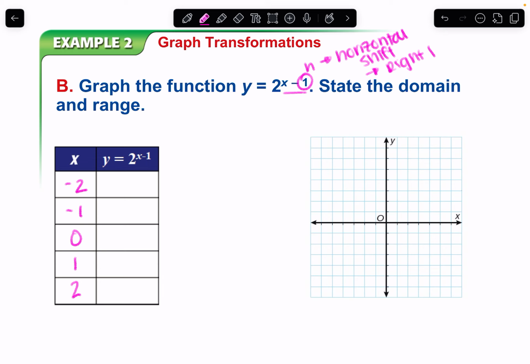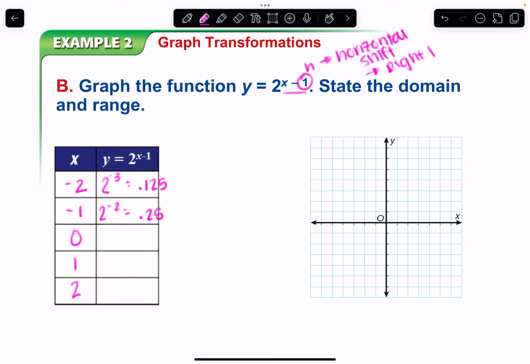So plugging these points in, when I plug in -2 to this, I would really end up with 2 to the -3rd power, which is equal to 0.125. And again, just using calculator, if you plugged in -1 for your x value, you would end up with 2 to the -2nd power, which is 0.25.